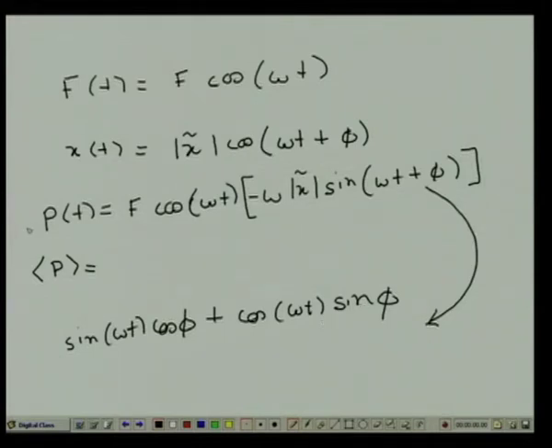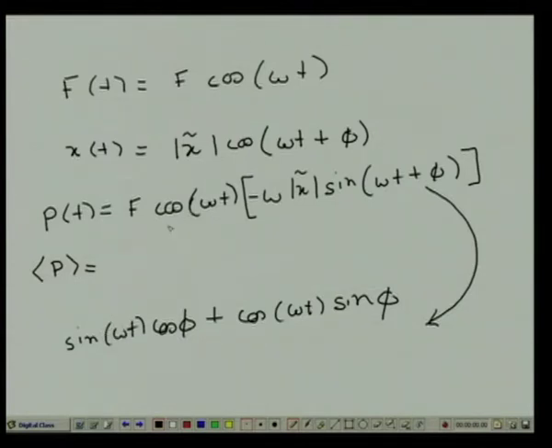Now, when I time average the power P(t), I will have to take the time average of this term on the right hand side, and I will get two terms. One will be the time average of cosine omega t into sin omega t, and we know cosine omega t into sin omega t is sin 2 omega t with a factor of half coming in.